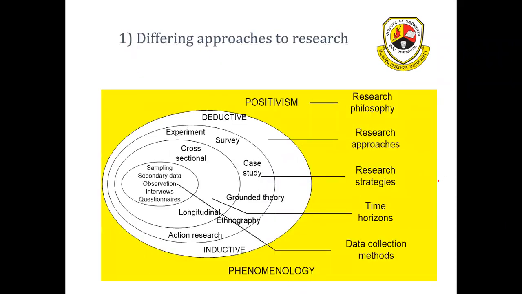Then we shall conclude with a summary of what we have discussed. Now, one of the most important things we need to understand is the different approaches. These two approaches, positivism and phenomenology, are the parents. If you've been in ICT and you've done object-oriented programming, think of the parent and child situation.